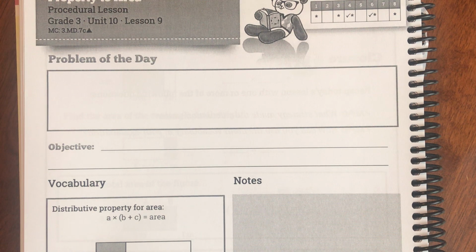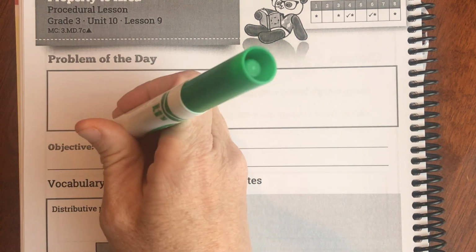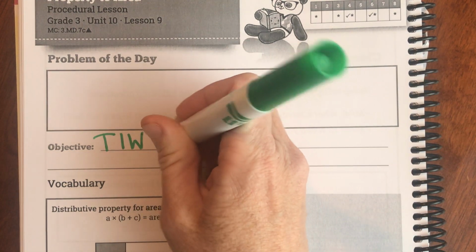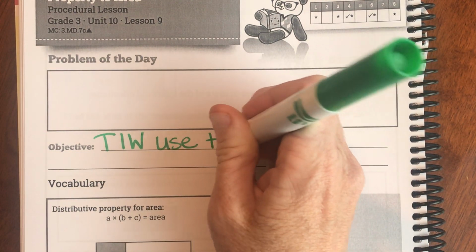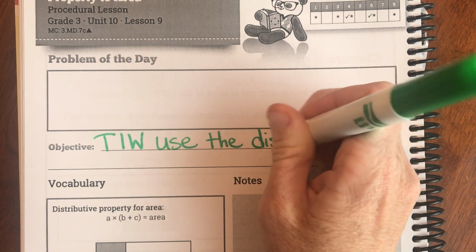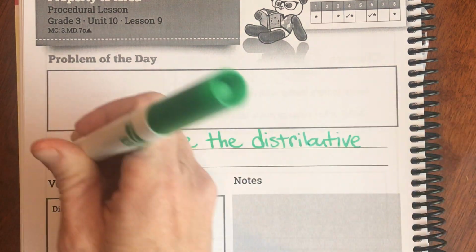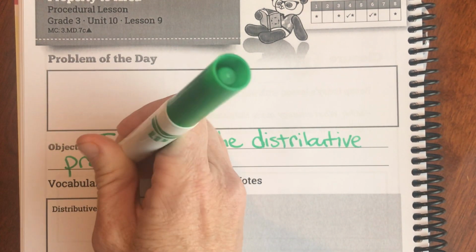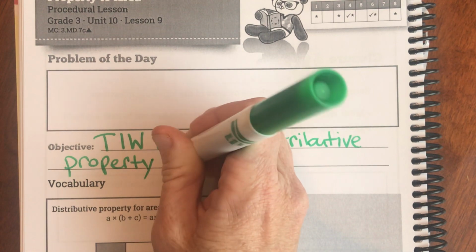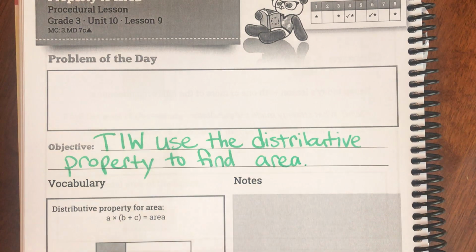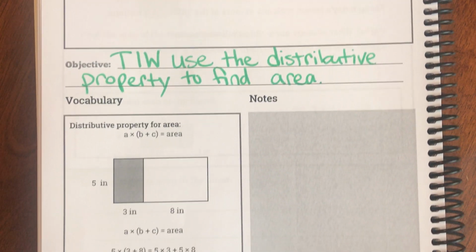So our objective, or our goal, for today's lesson is: today I will use the distributive property to find area. Yesterday we actually used the distributive property, but we didn't look at it very closely. Today we're going to look at really what it is.